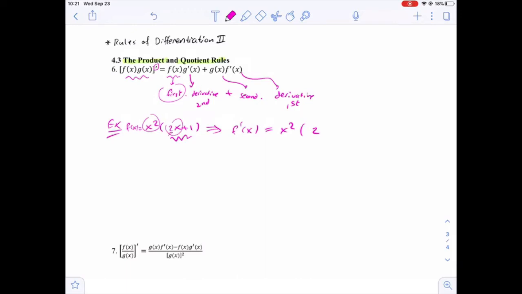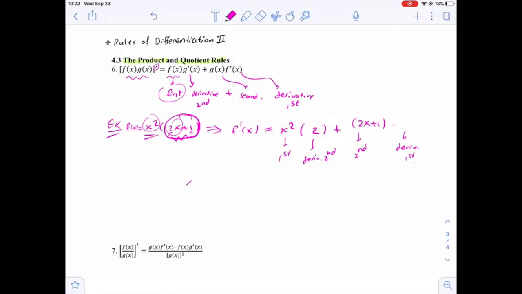It's 2, because 2 is constant, x has derivative 1, and 1 here is constant, its derivative is 0, so the derivative of 2x plus 1 is just 2. Plus the second, 2x plus 1, times the derivative of the first.